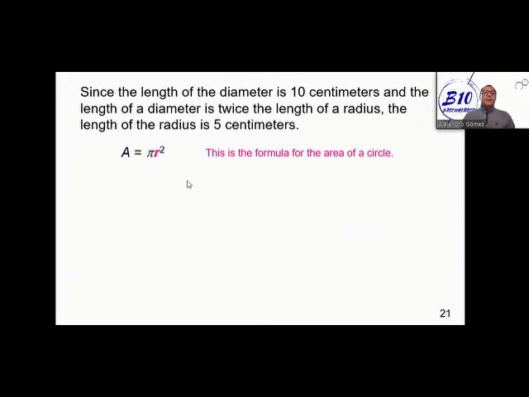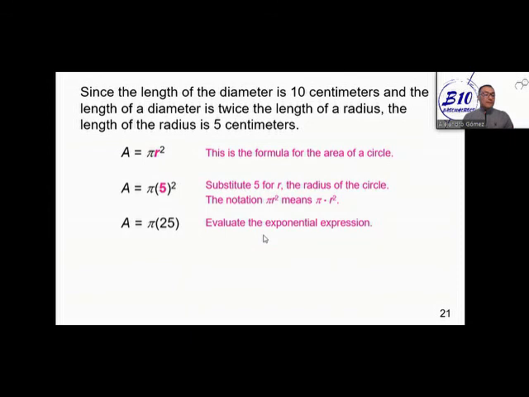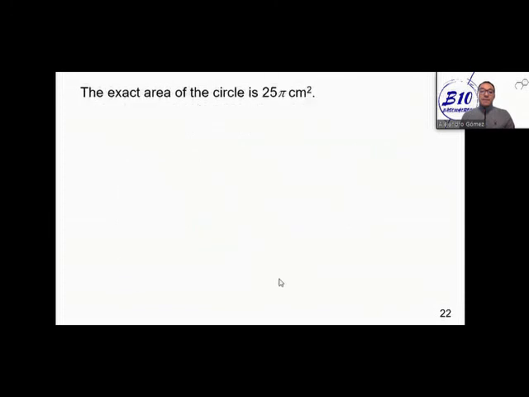So we do the replacement: 5 to the power of 2 is 25. In terms of pi, the exact answer is 25 pi centimeters, right? So this will be the very exact answer.